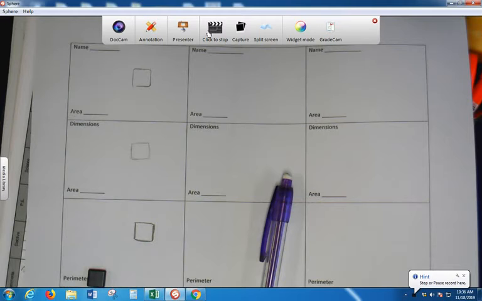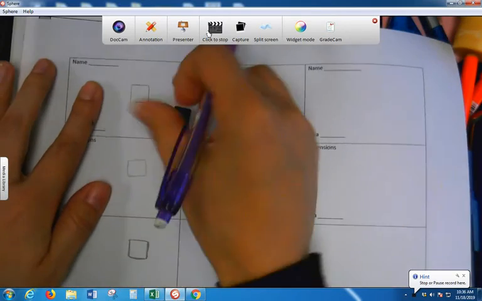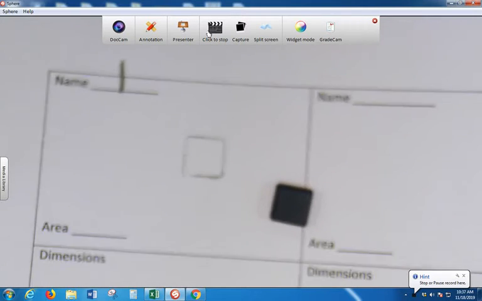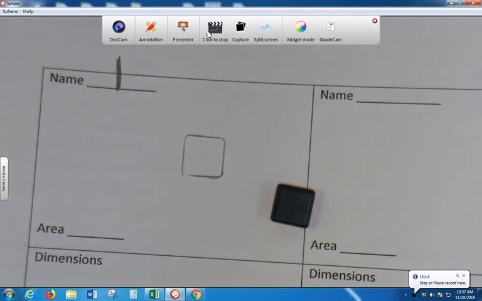Alright, ladies and gentlemen. You traced it 3 times. Perfect. Okay. The name of this shape is called a 1. The number 1. You'll figure out why we call it a 1 in a second. It has a value of 1, so the name is 1.